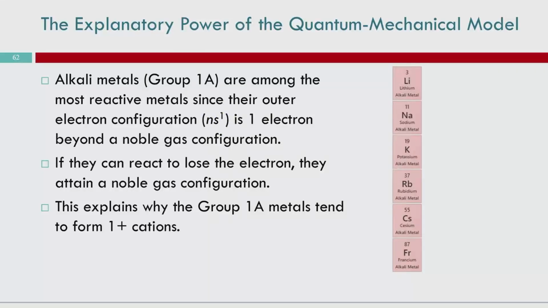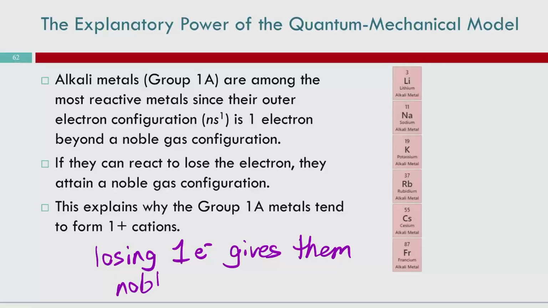They're just one electron past noble gas. So losing one electron gives them noble gas electron configuration.